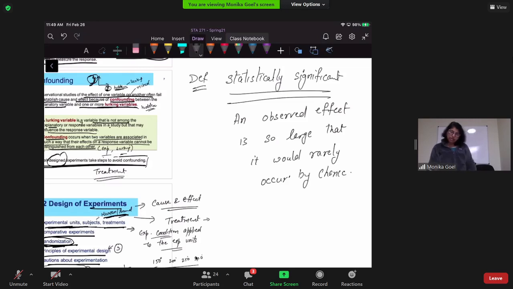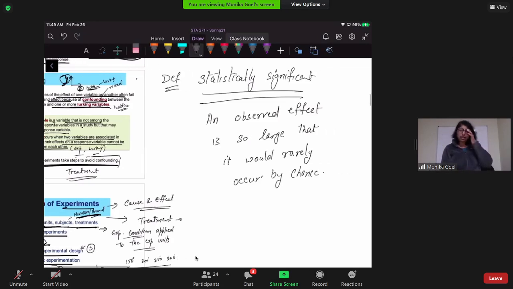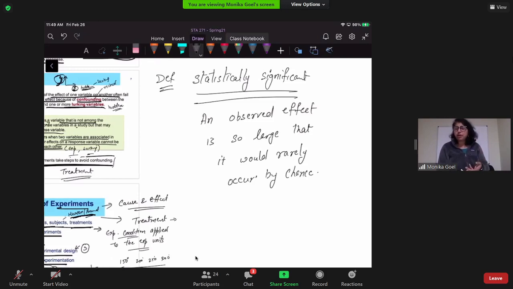Then we call it statistically significant. And again, we do hypothesis testing. We find the p-value, and then we will see how we find whether a test is statistically significant. So again, we are just talking about the definition here, and we will do everything about significance testing in later chapters.